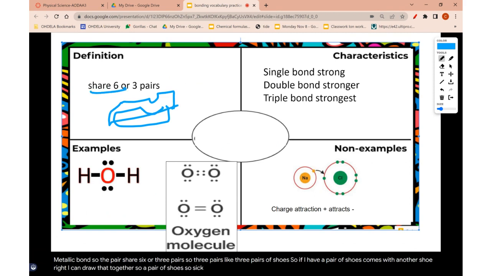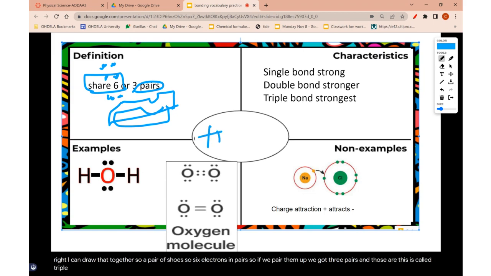So a pair of shoes, so 6 electrons in pairs. So if we pair them up, we got 3 pairs. And this is called triple bonds.